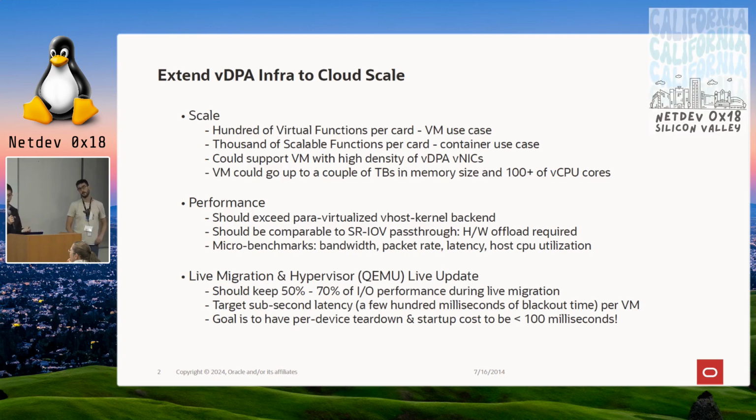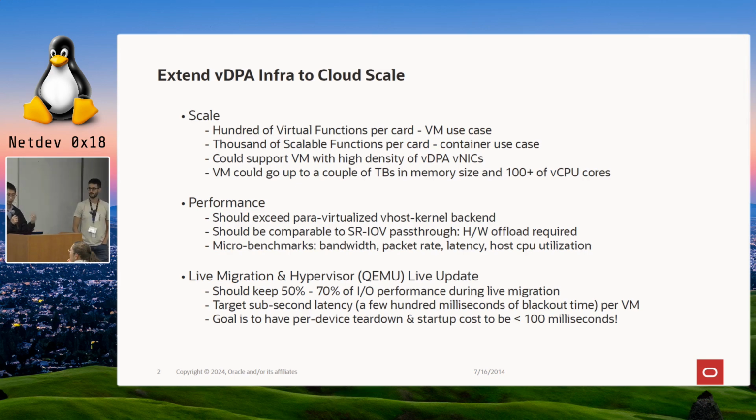In terms of scalability, if you don't take live migration into account, with a couple of vendors we will be able to achieve the scalability requirement. We want to support 100 virtual functions per card or even thousands. We want to support containers, and we want to support a high density of number of Linux for VM.